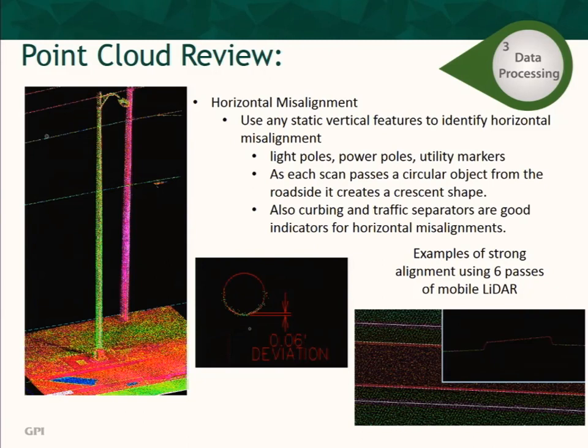So of course you got to deal with horizontal misalignments. In this case, you can see, obviously this is a lamppost. You can vectorize it, you can put a symbol on top of it, and then of course we have point clouds on the base of the pole itself, and then we can see any deviation horizontally.